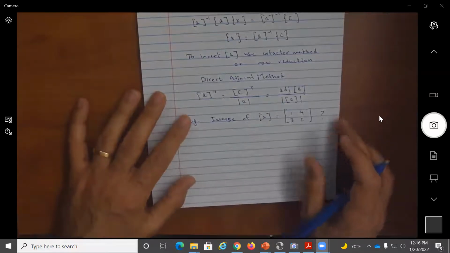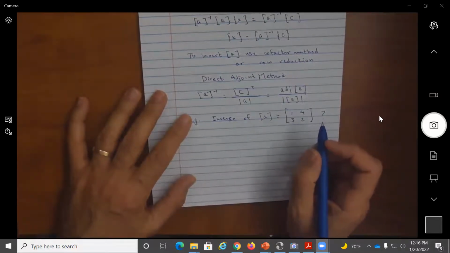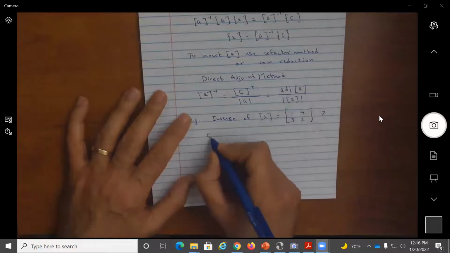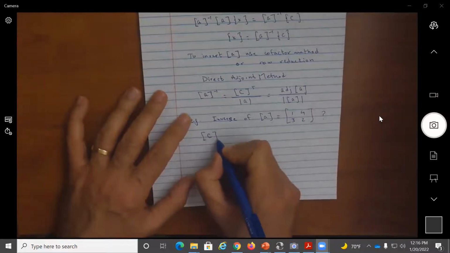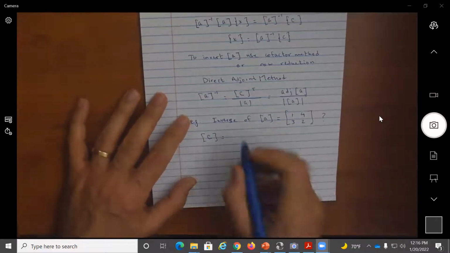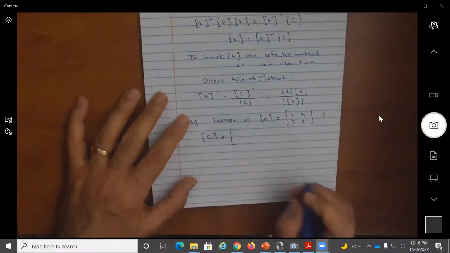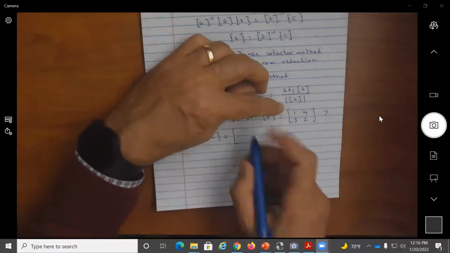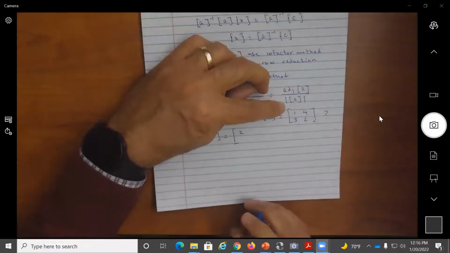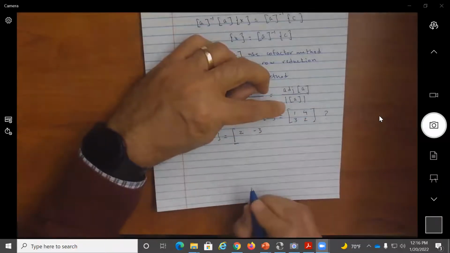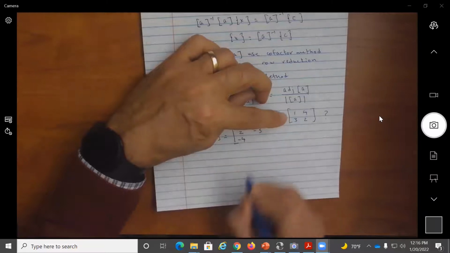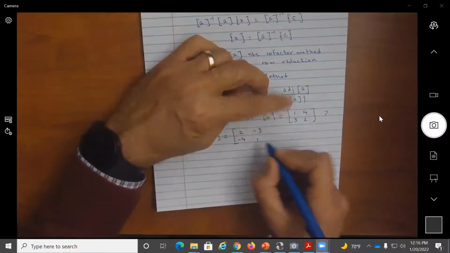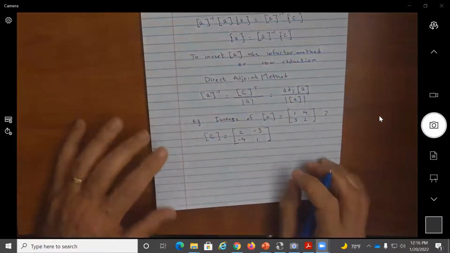The cofactor matrix is equal to 2, minus 3, minus 4 and 1. Can you all follow how I got this?